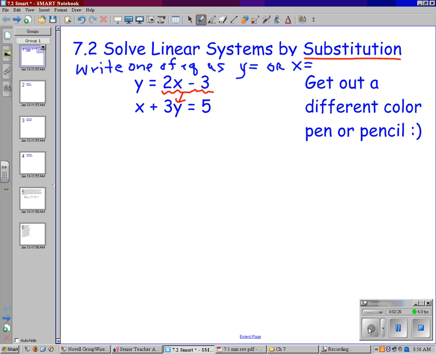So with my pen here, I'm going to write x plus 3 times what y is equal to. And y is equal to that 2x minus 3. This is where that colored pen or pencil comes in, so that you can see, in for the y, I'm going to put what the first equation is.